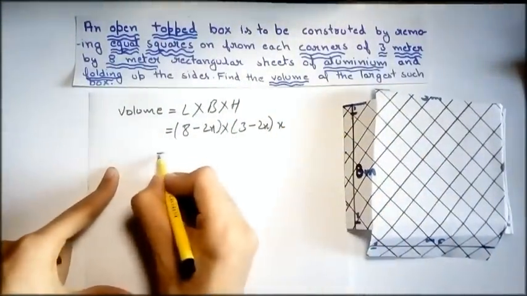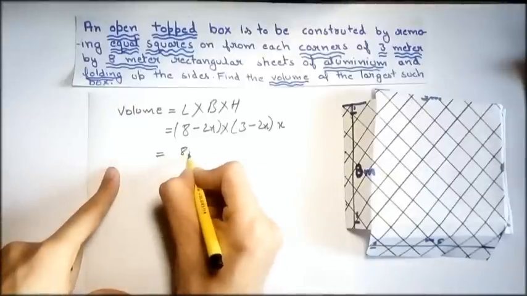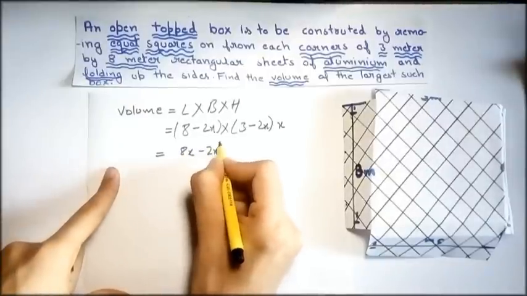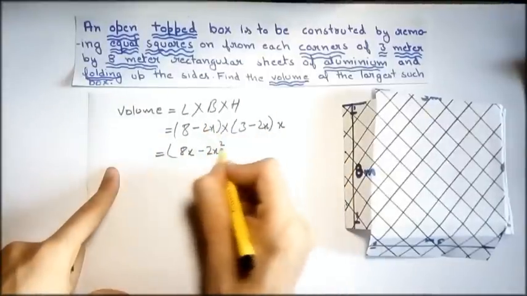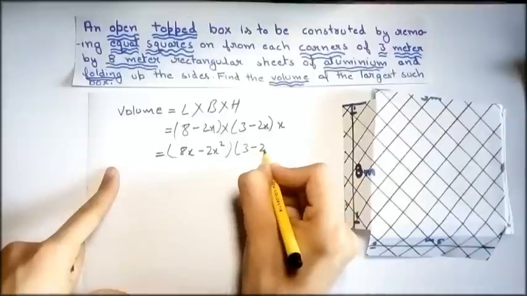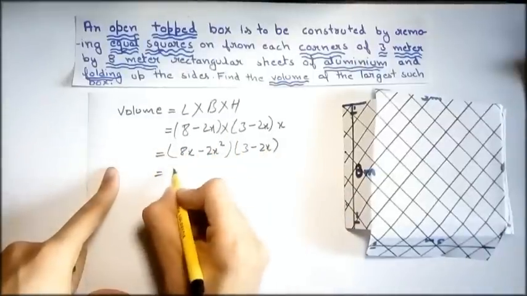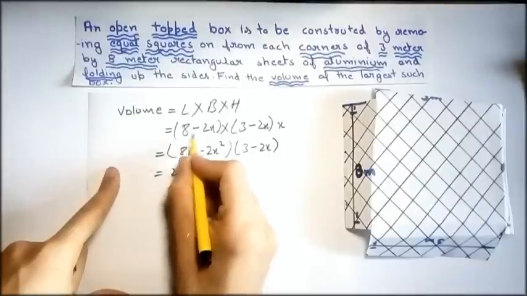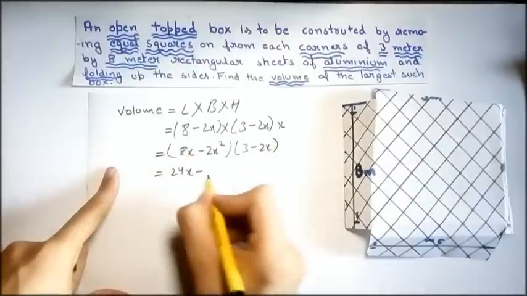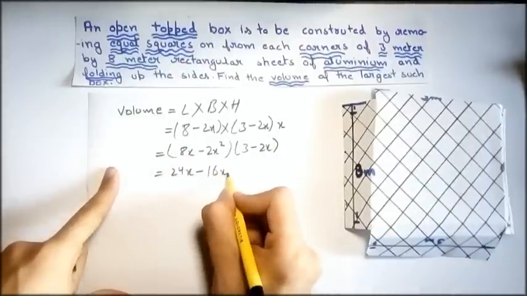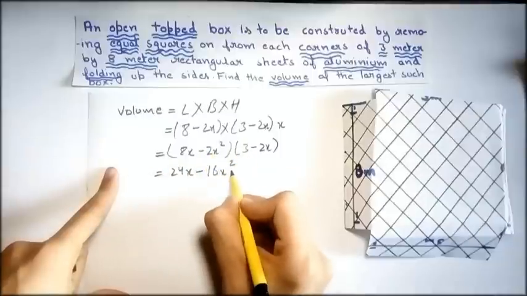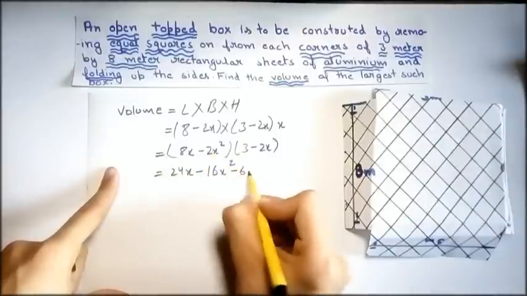So now let's solve this. That is 8x minus 2x square. First I multiplied these and then 3 minus 2x. So let's solve this. First multiply this and this: 8 threes are 24x. Then this and this: minus 16x square. Then this one: minus 6x square.